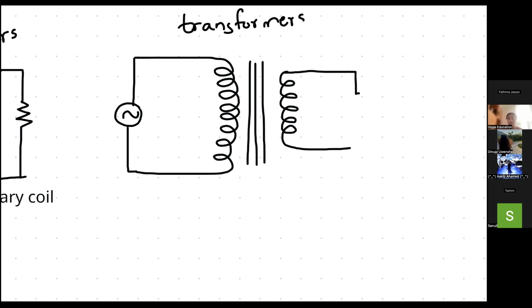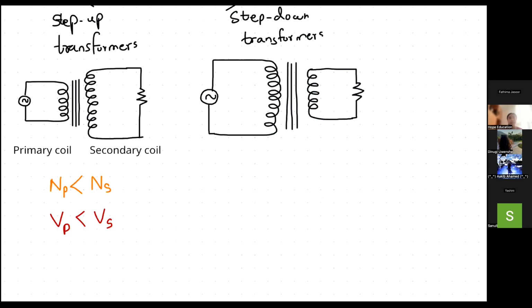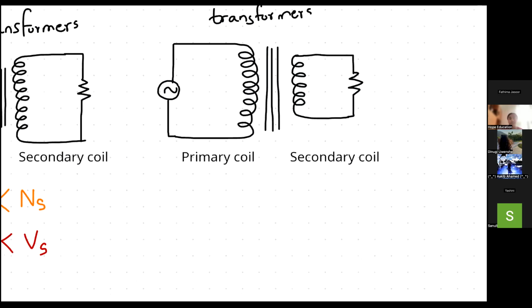It could be, again, as I previously said, any electric equipment. So this is the primary coil. And this is the secondary coil. Okay. Now, in which coil is the number of turns higher? In which coil is the number of turns higher?